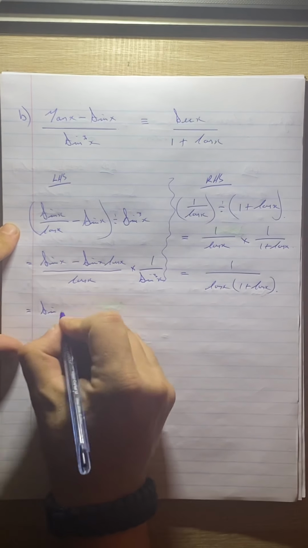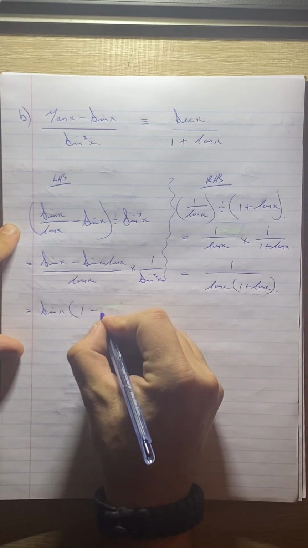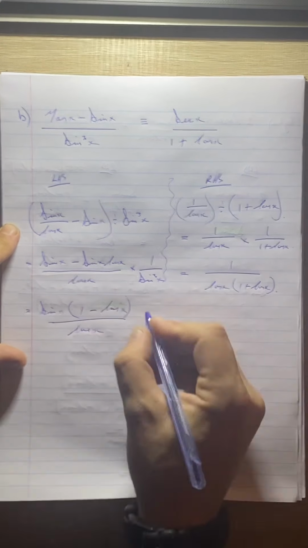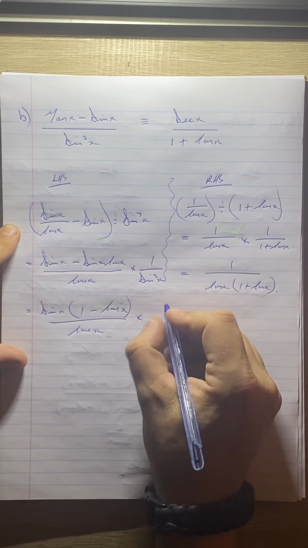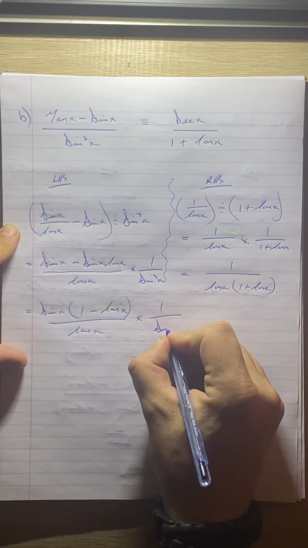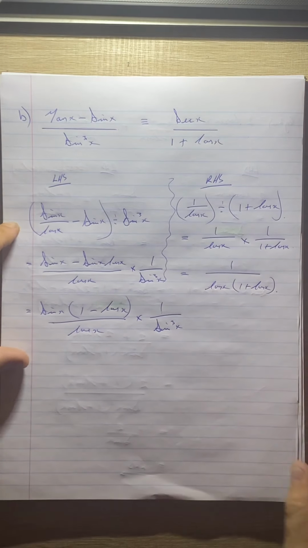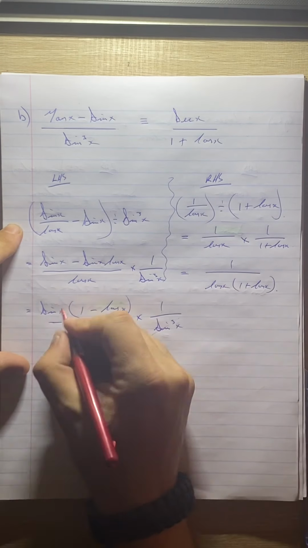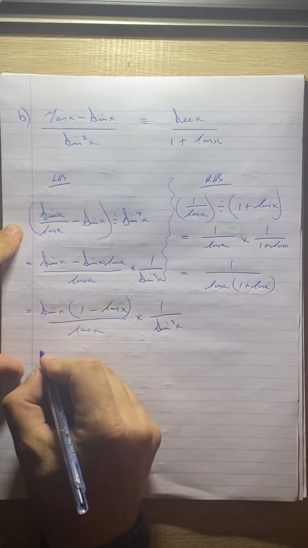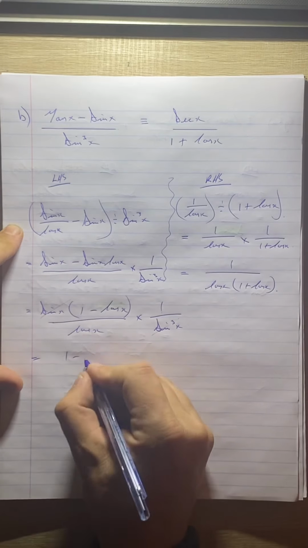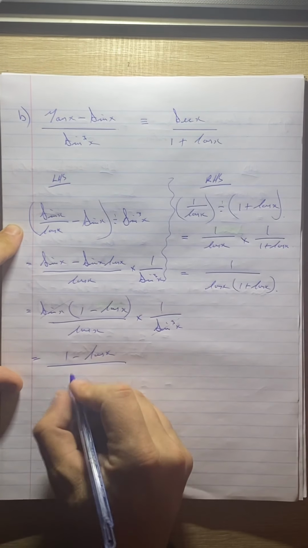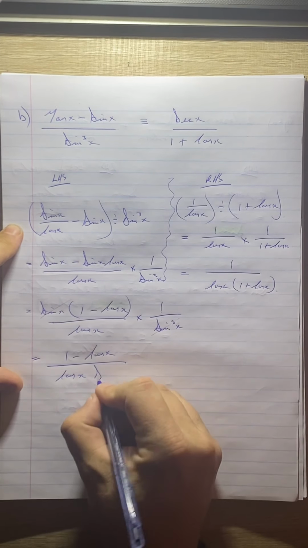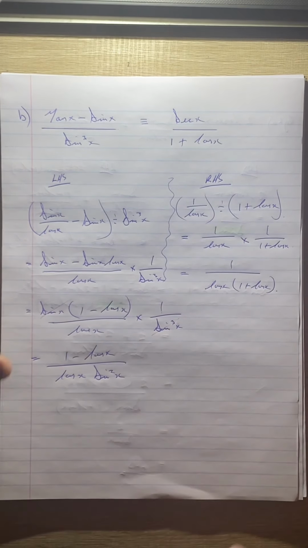So we get sine x into 1 minus cos x all over cos x multiplied by 1 over sine cubed x. Okay, so one of these sine cubes will cancel with that over there, and we are left with 1 minus cos x over cos x, and remember that's going to become sine squared, so sine squared x.